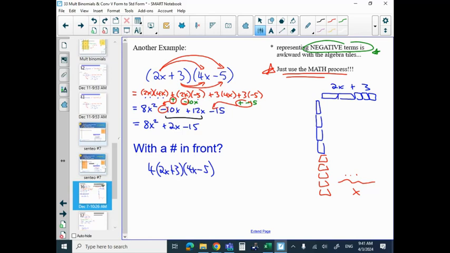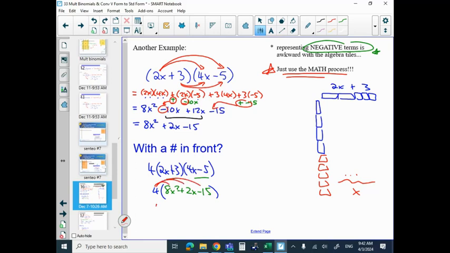Okay. This next example is on purpose the exact same stuff. So you can see that this stuff would be the same as before, right? So this would be your 8x squared plus 2x minus 15, just like above. And so if you have a 4 that multiplies on that, then you can tell that that would just be a distributive law happening where the 4 multiplies on each piece, right?